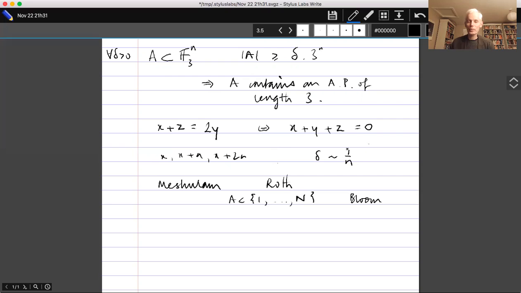But the best known lower bounds were all of the form c to the n for some constant c that was less than 3. In other words, they were exponentially small compared with 3 to the n.